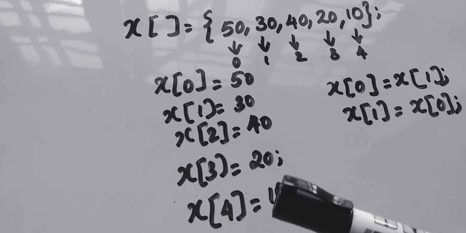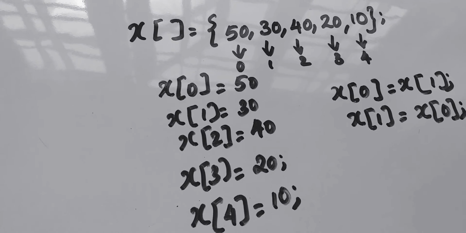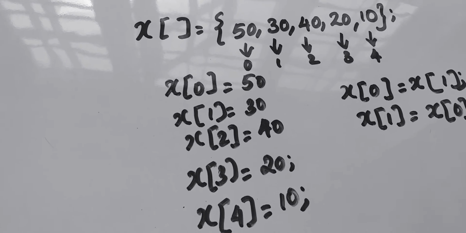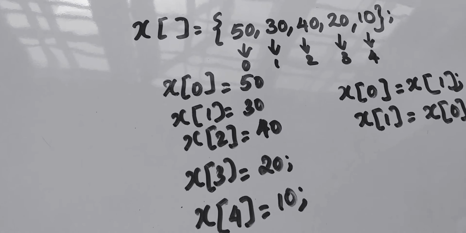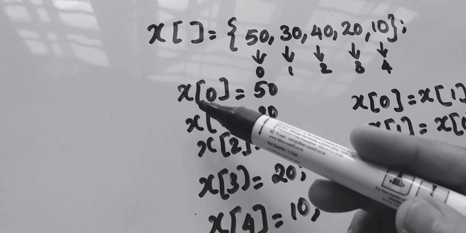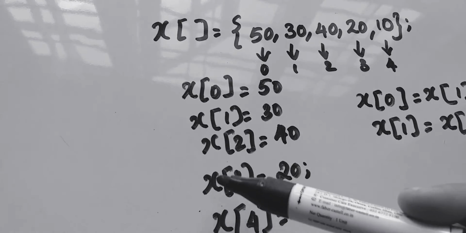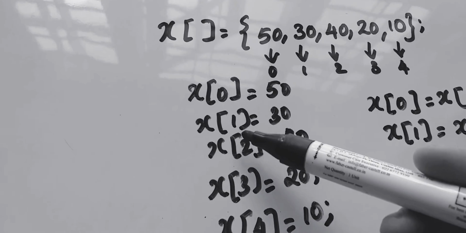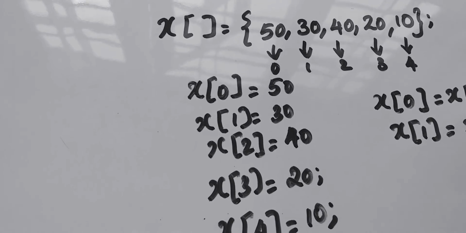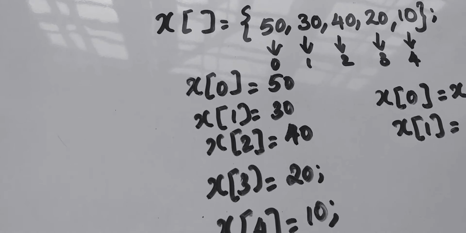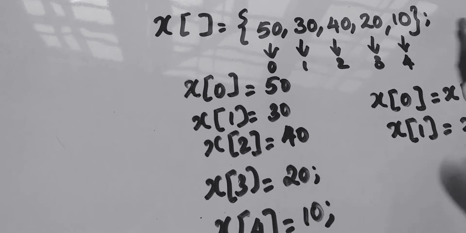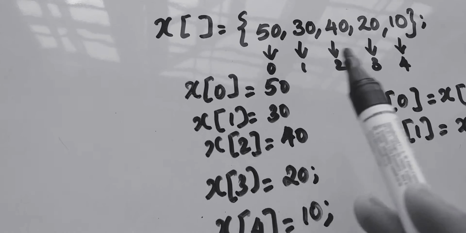The address of the element 10 equals x of 4. So each element in the array has an address. See, the name is common. The name of the array, x, is common, but the index position varies and the element stored in the array also varies.